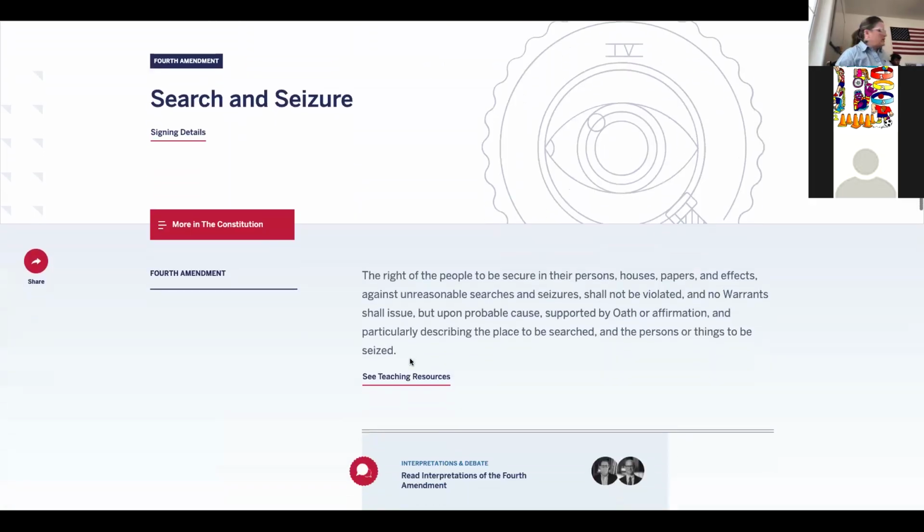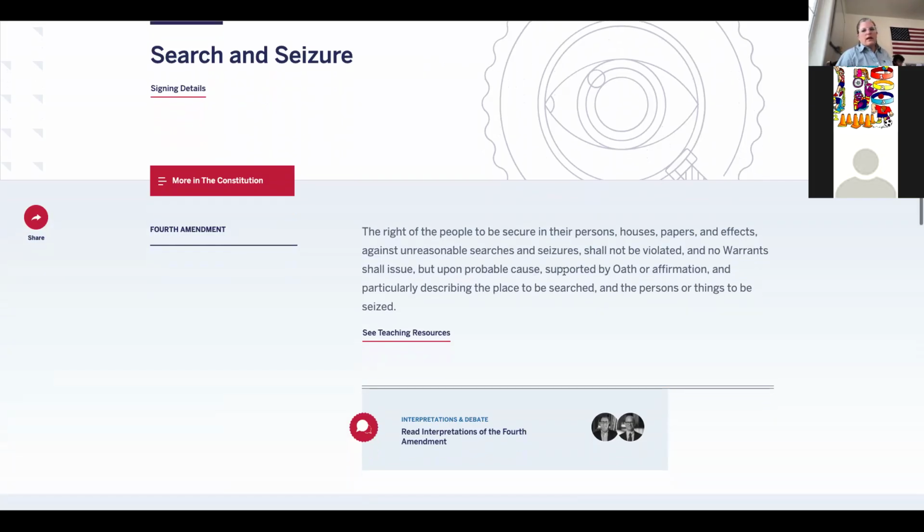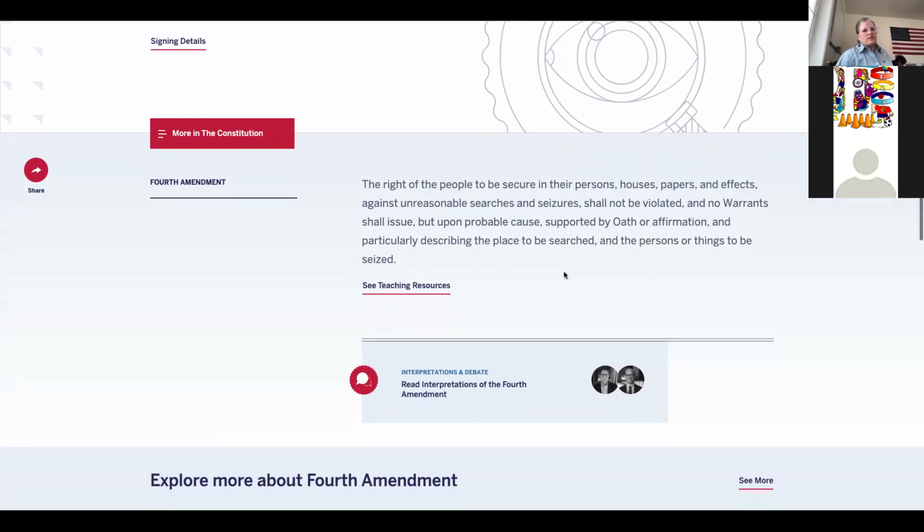So for yours, under your Roman numeral 2, number 1, I would put an X and put unreasonable searches and seizures. And that's basically keywords from that amendment.